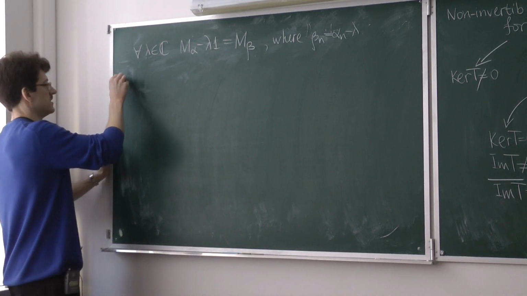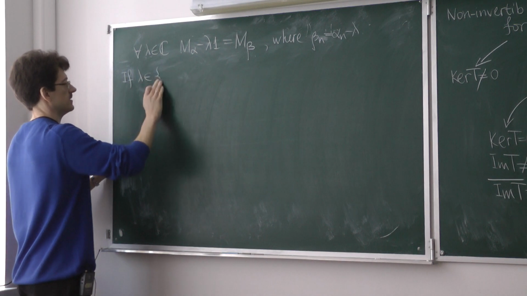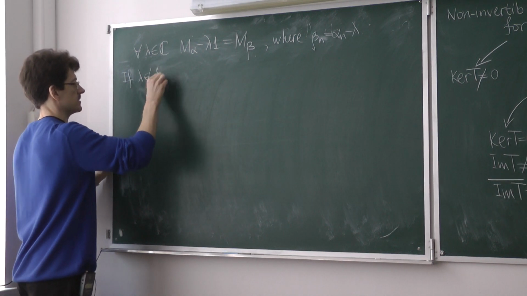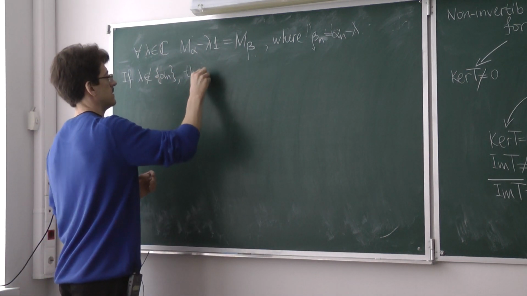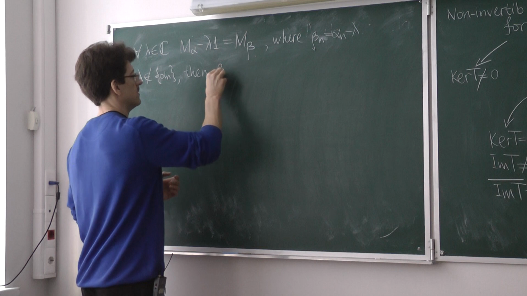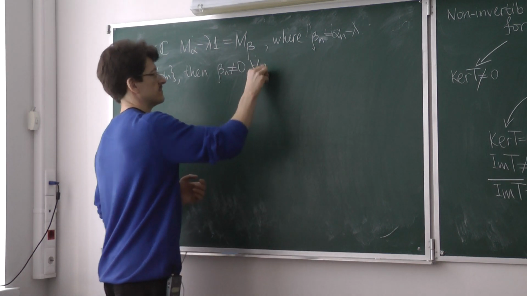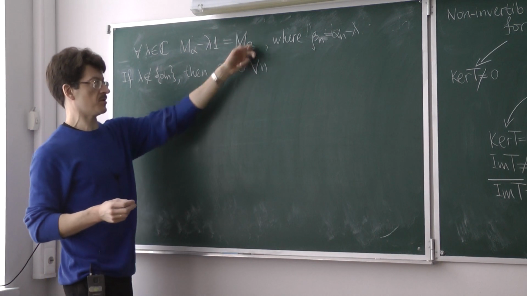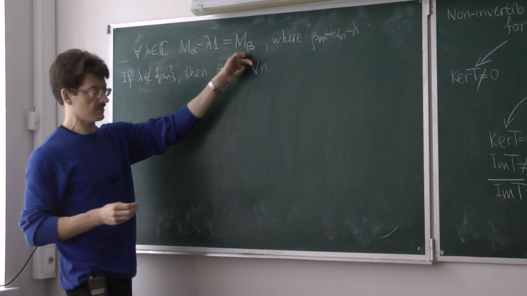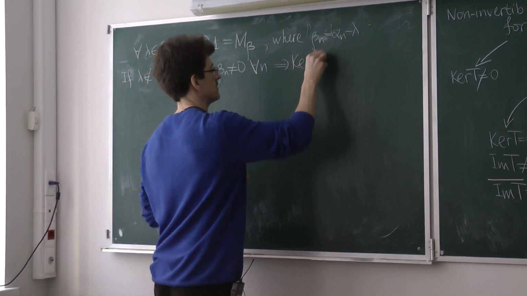And if lambda is not in our sequence, then all the beta n's are non-zero. And since they are non-zero, it's easily seen that the kernel of this operator is trivial.